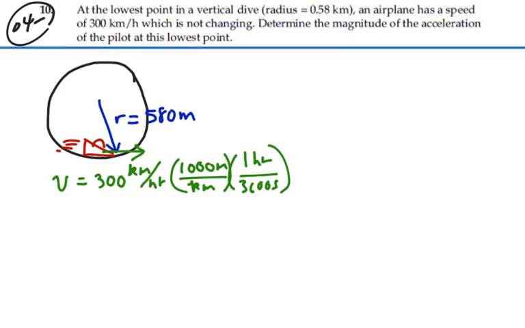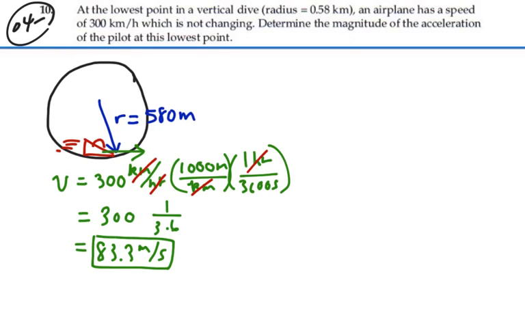So knocking out kilometers and knocking out hours, we have that this is equal to 300 times 1,000 over 3,600, or 1 over 3.6. So this is equal to 83.3 meters per second. So that's our velocity for this plane.